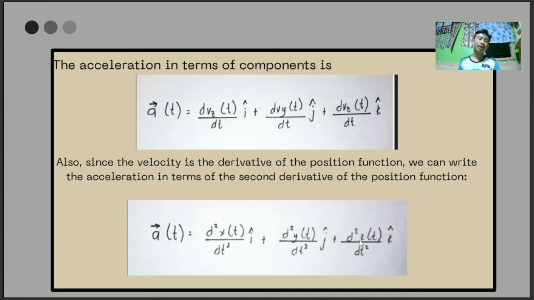So if we're given the position vector, atong kuhaon ang iyahang second derivative para makuha nato ang acceleration vector. And if hatagan tag velocity vector, atong kuhaon iyang derivative para makuha sad nato ang iyang acceleration vector.